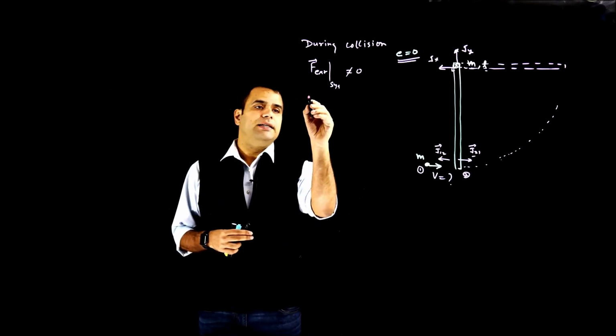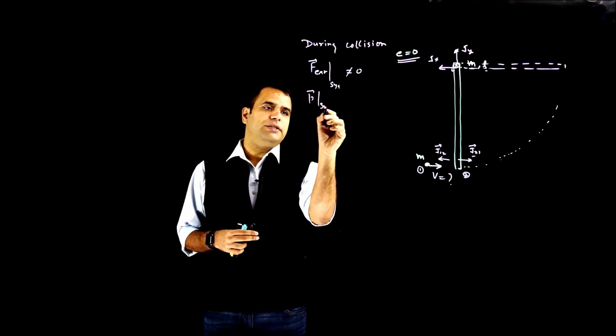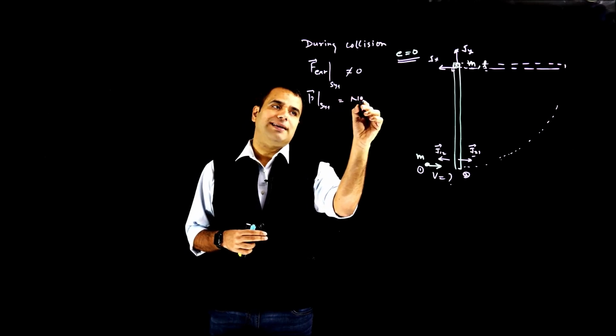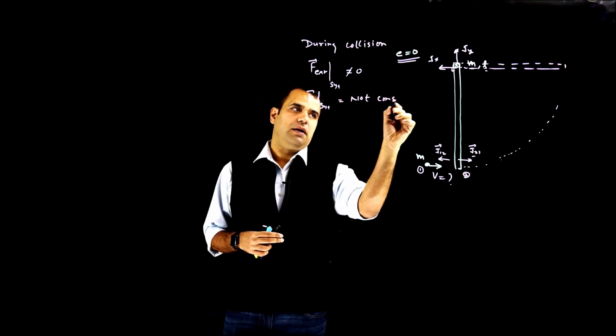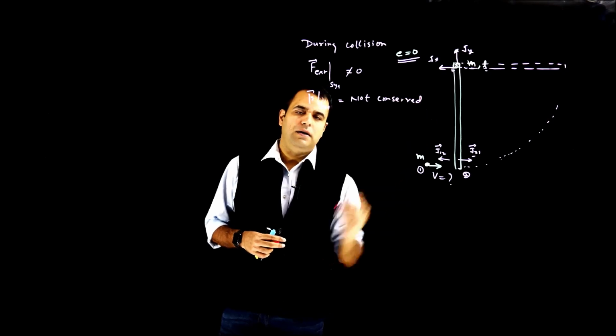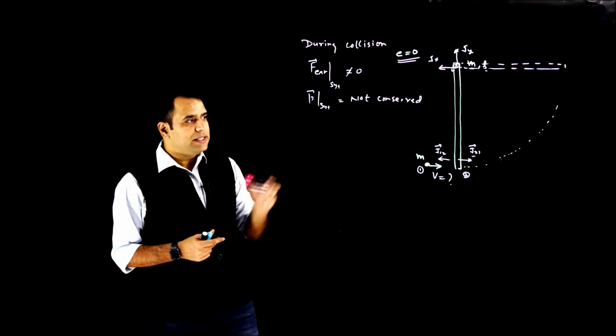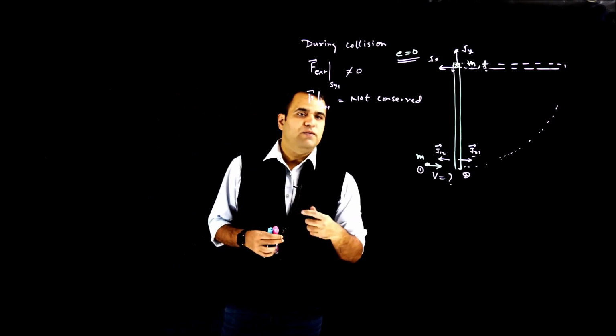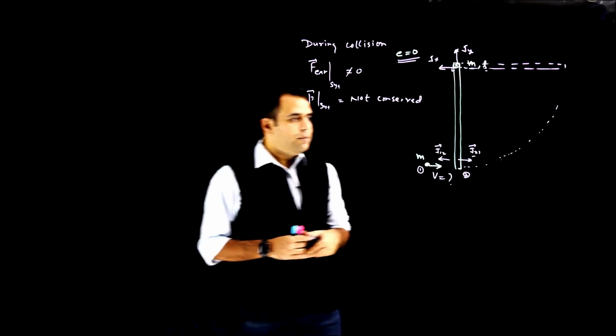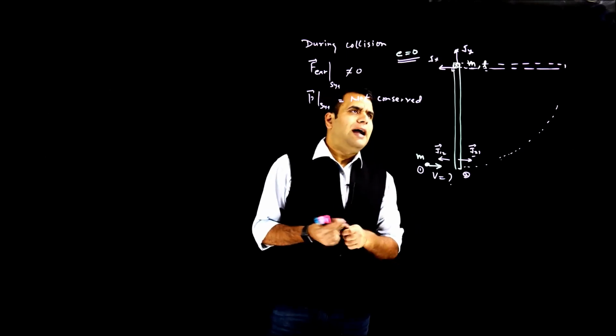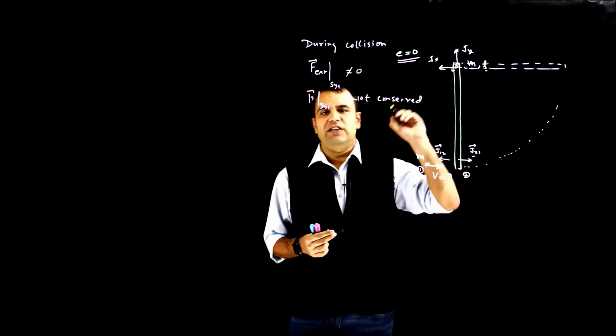So I can say the momentum of the whole system is not conserved. Okay. So we cannot use this conservation principle there. Conservation of linear momentum we cannot use. But one thing we can use here, and that one thing is conservation of angular momentum.